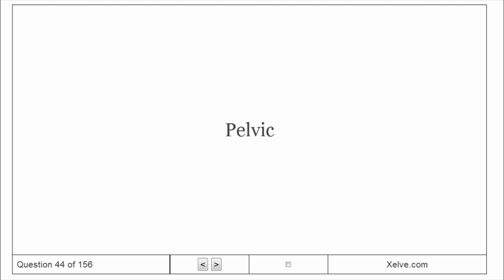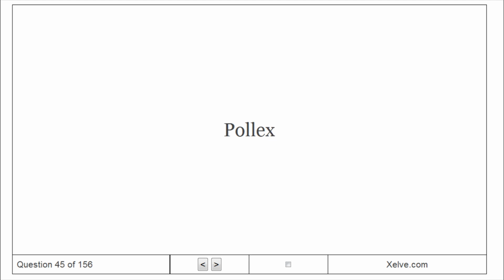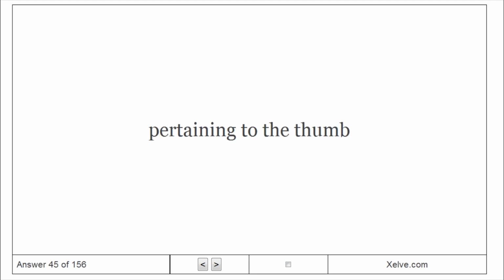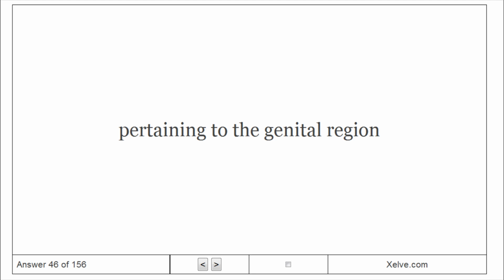Pelvic: pertaining to the pelvis region. Pollex: pertaining to the thumb. Pubic: pertaining to the genital region.